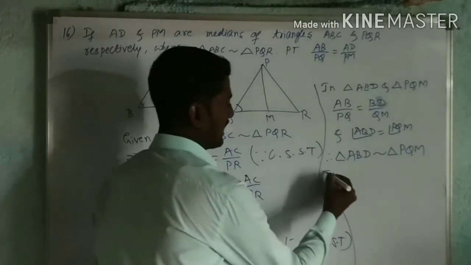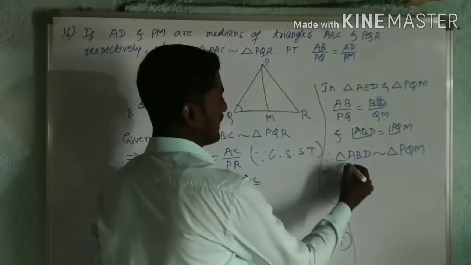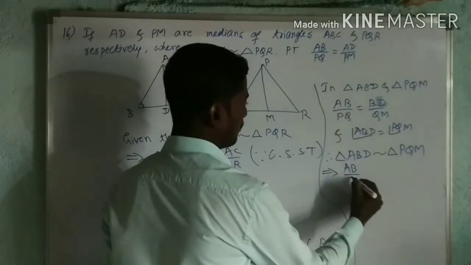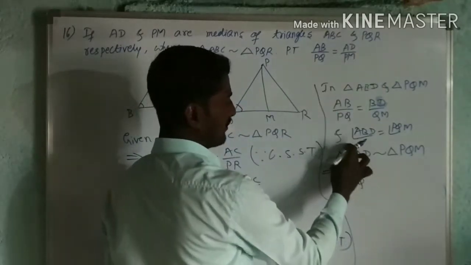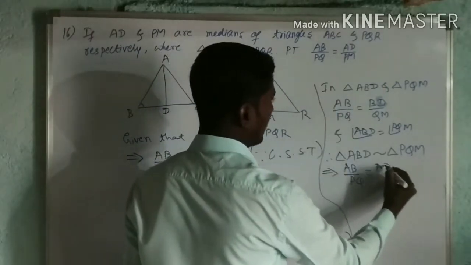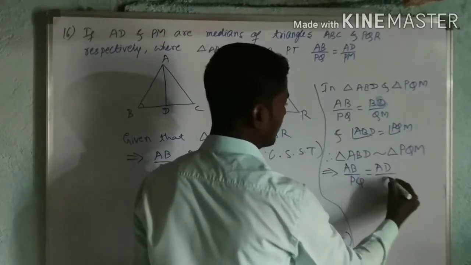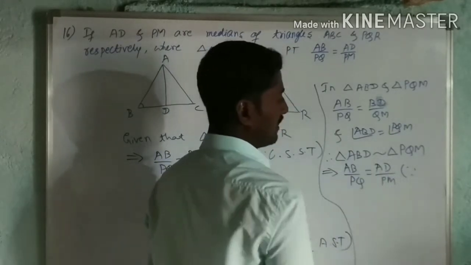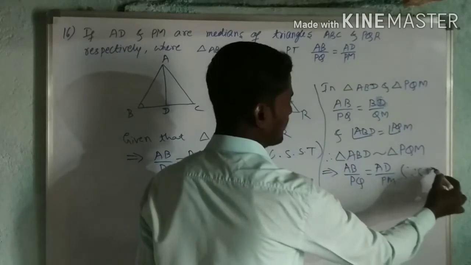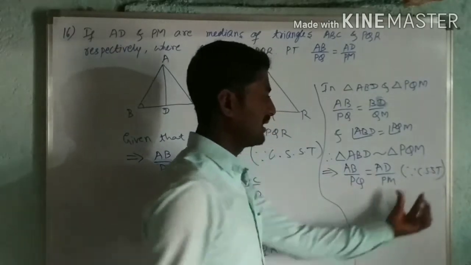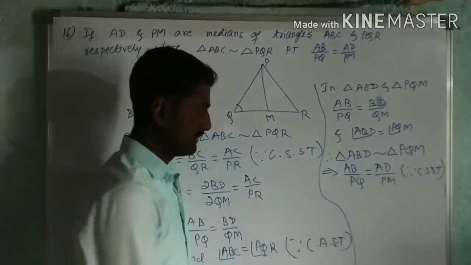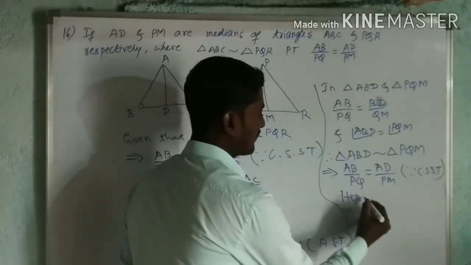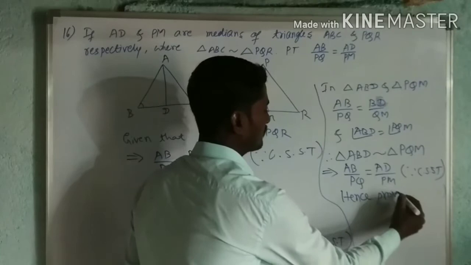So this implies AB divided by PQ is equal to, I want AD, so first and last, AD divided by PM, because corresponding sides of similar triangles. Again, you can write in words. Hence proved.